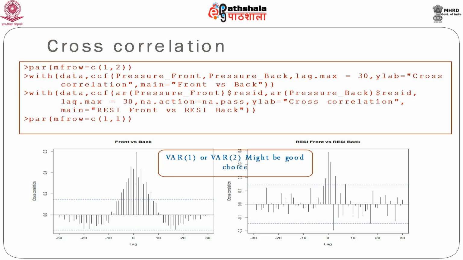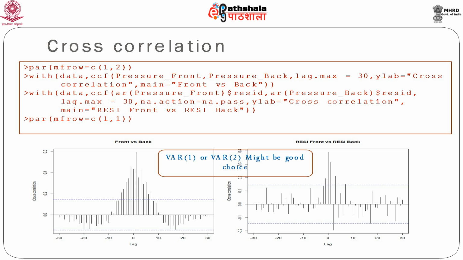Then the next plot is the pressure front residual. To get the residual plot, I fitted the autoregression model, that means an AR1 model of the front. All of this put together might be a little difficult to understand, so let me explain one by one.